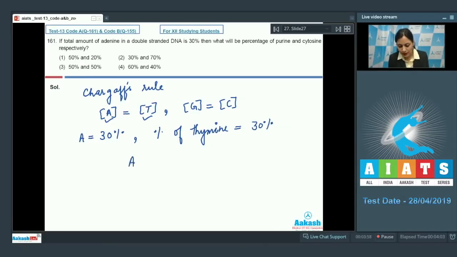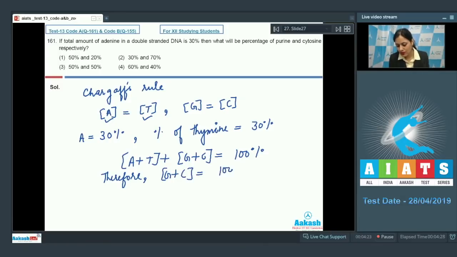As we know that A plus T plus G plus C is equal to 100% in a double-stranded DNA, therefore G plus C would be equal to 100 minus 30 plus 30%.